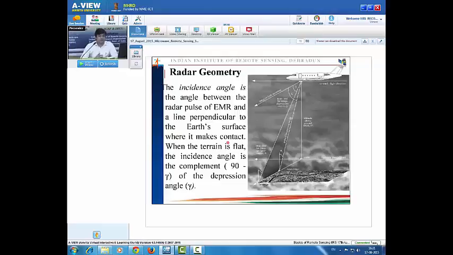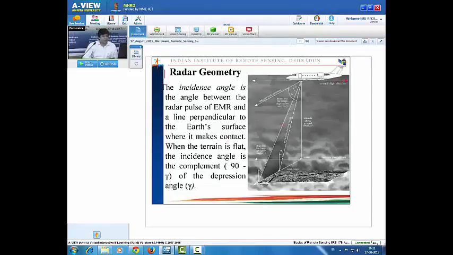Nowadays softwares are capable, but sometimes the software may not support a newly launched satellite, and then one will need to know these parameters to process the data set. So there are some geometrical terms. We will go into detail of the radar geometry.